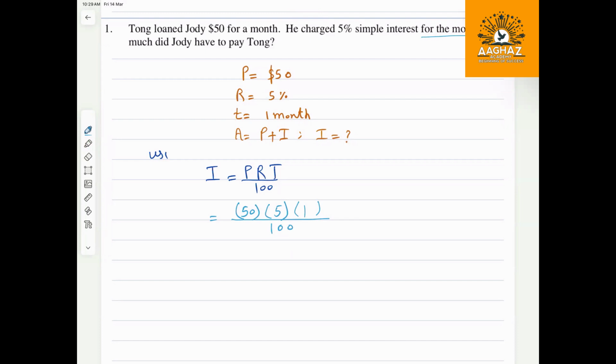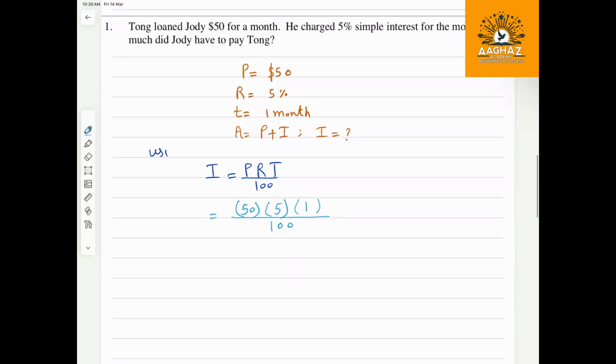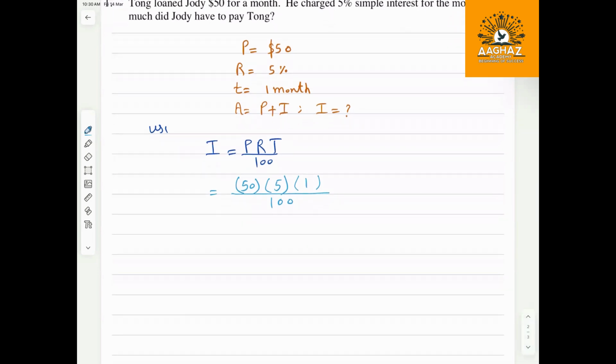But if, for example, here he wrote 5% yearly, then I convert this time into years also, because time and rate should be in the same unit of time. In this question, my time is 1 month and rate is also given for the month, so it's accurate. You put only 1 here because 1 month is given.